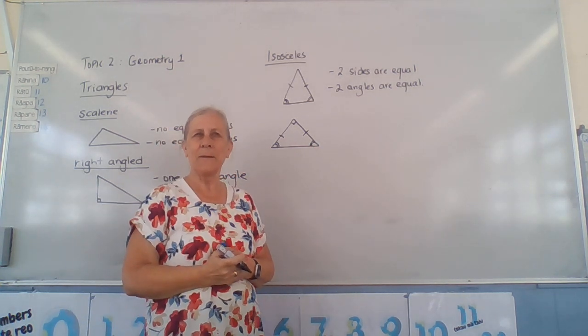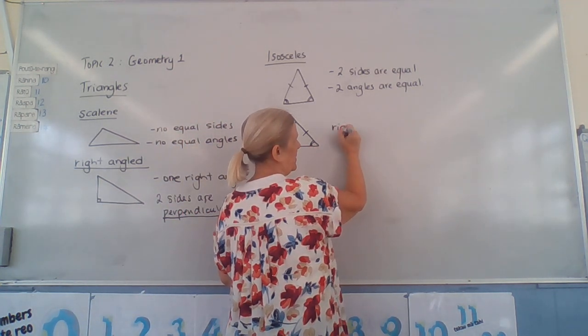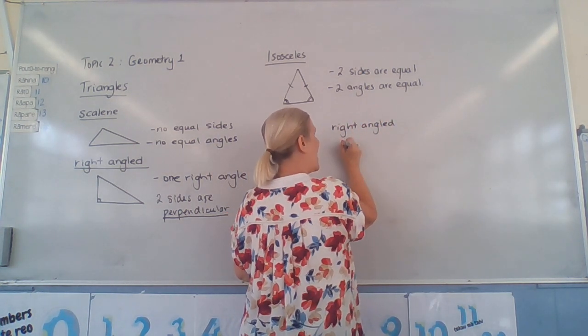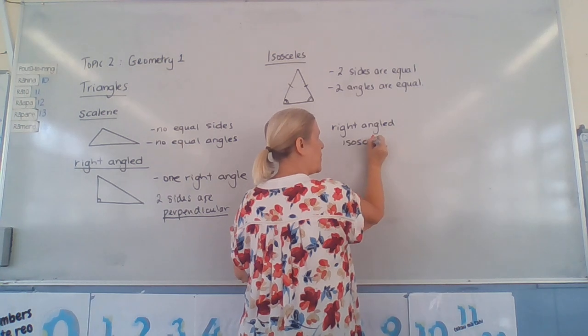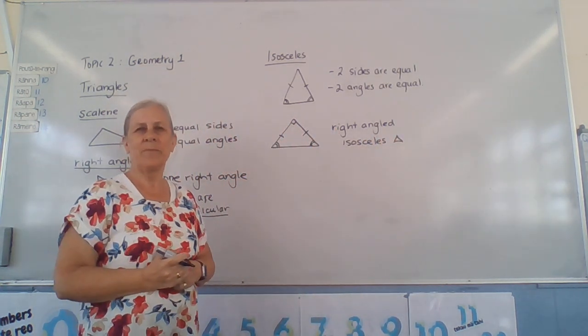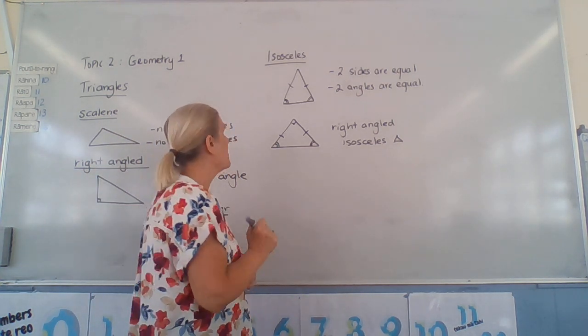The name of it is, William? A right angle isosceles triangle. All right? Often in maths, when we're talking about triangles, we just use a little triangle to symbolize it.